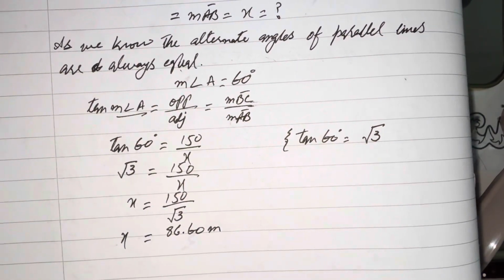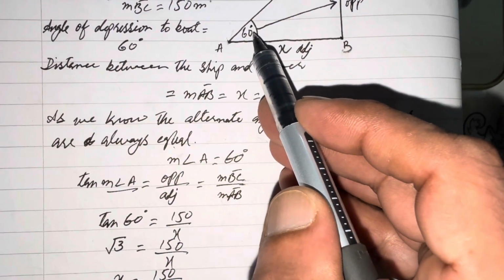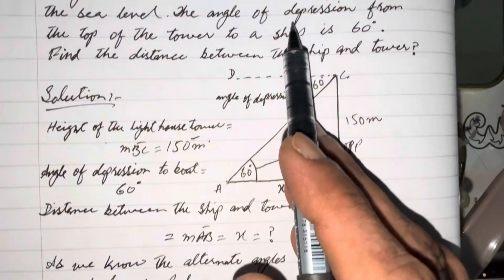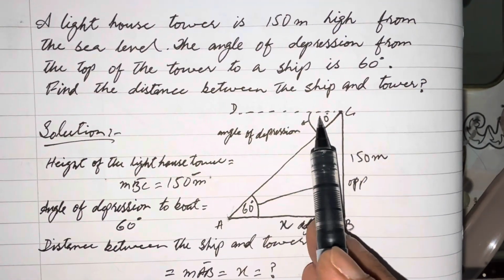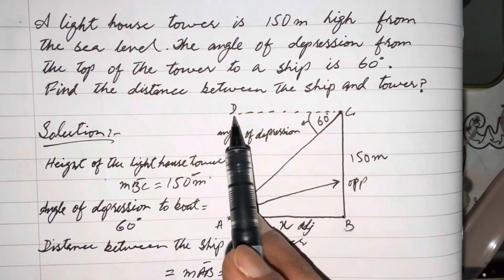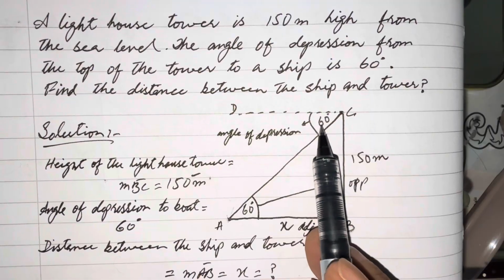So that's the value of x that we have found with the help of the trigonometric ratio, using tangent with the angle 60, as the angle 60 is given in the statement as the angle of depression. The angle of depression is the angle made from the top of the tower to the horizontal line, outside of the right angle triangle.